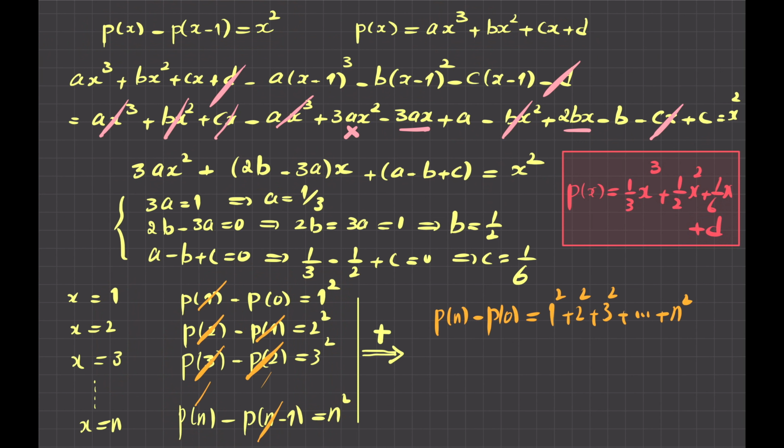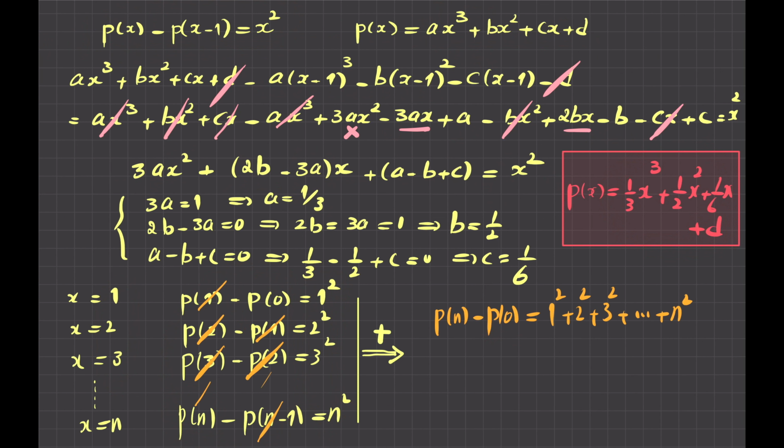Okay, but look, what is p of 0? P of 0 is this expression if I replace x with 0. So if you don't mind, let us just work with d. So this is nothing except d. But what is p of n? P of n is this expression in which x is replaced by n. So let us do that.